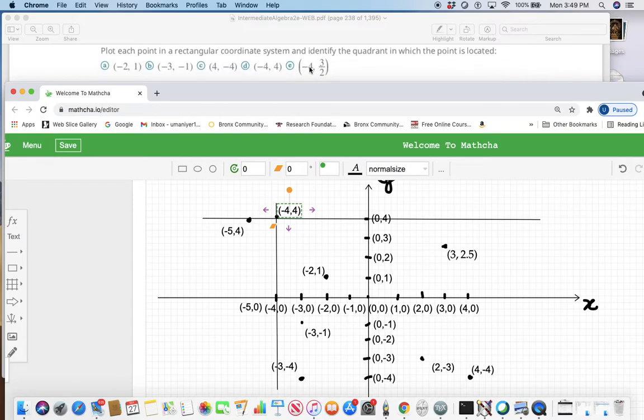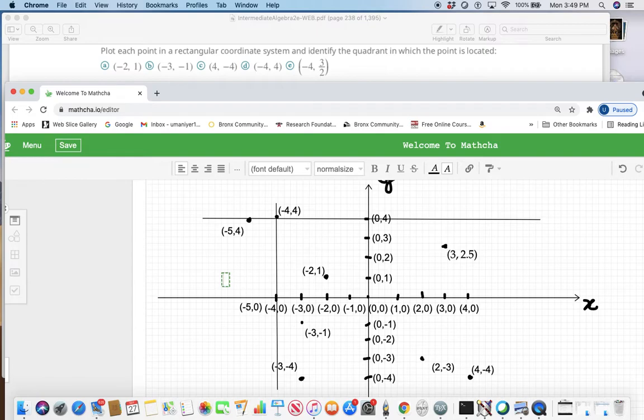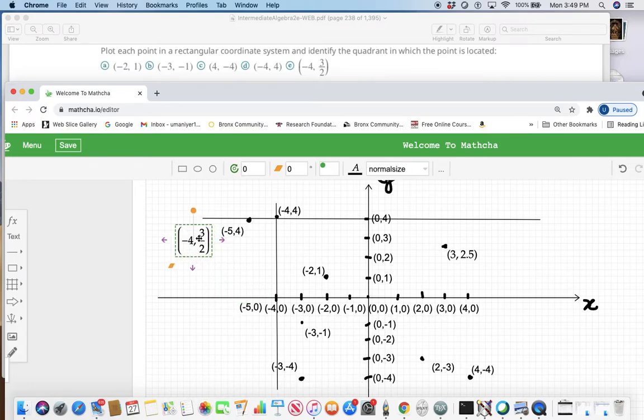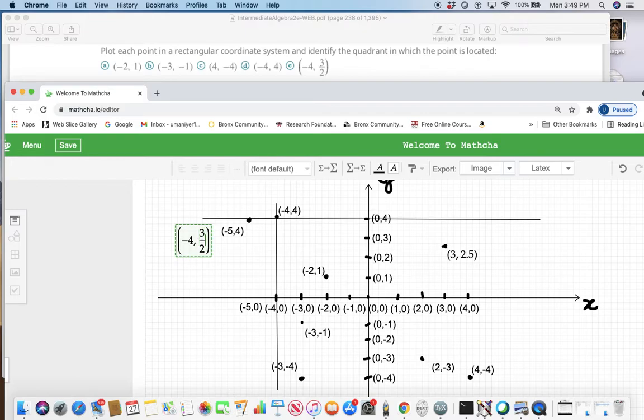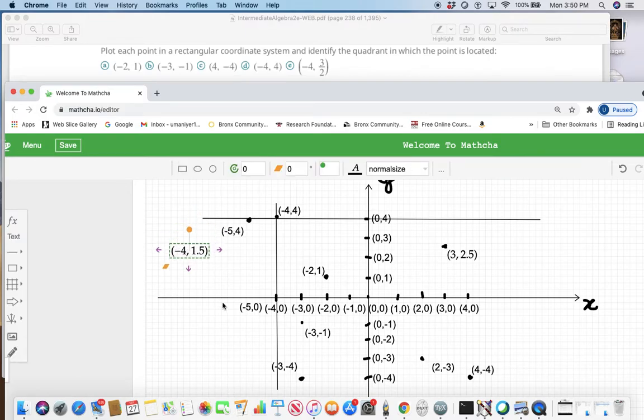Lastly, negative 4, 3/2. What is 3/2? 3/2 is 1.5. So it's easier to think of it like that. On the x-axis, you should be at negative 4.